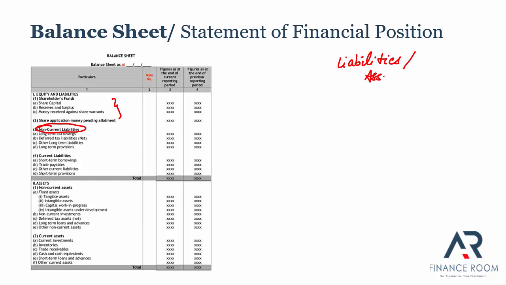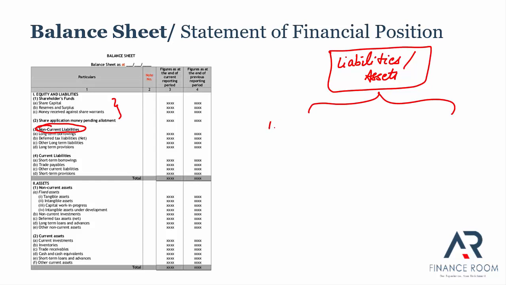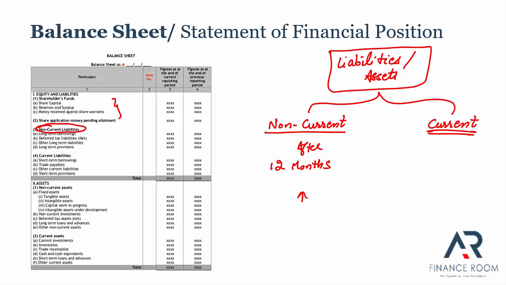Liabilities or assets are divided into two categories: non-current and current. Basically, what is the difference? If you expect to pay back the bank loan, let's say after a period of 12 months, then you have to show it under the non-current portion.